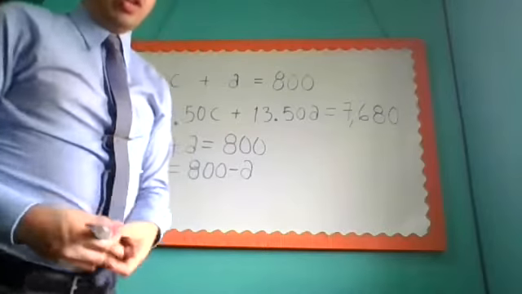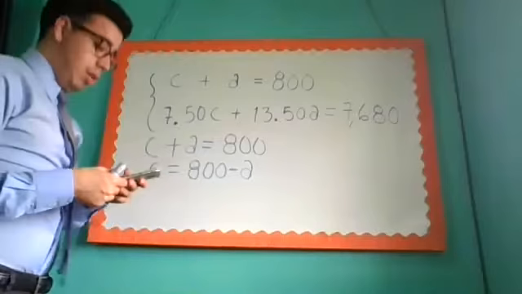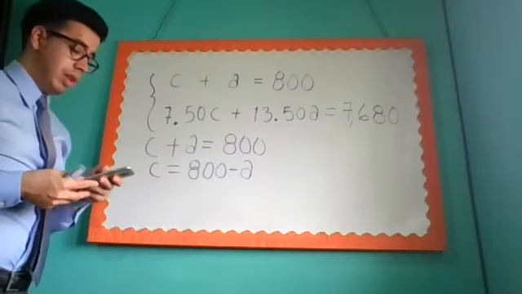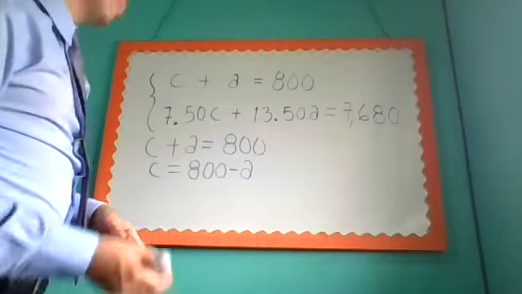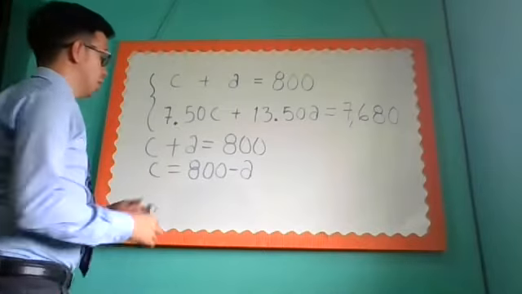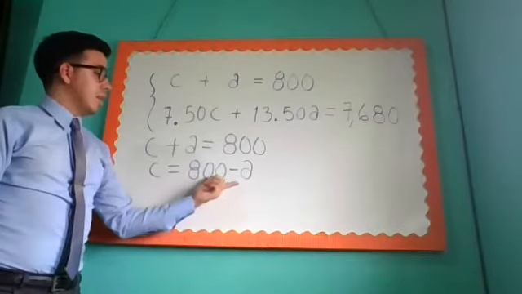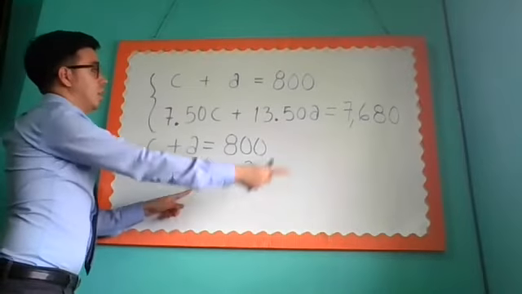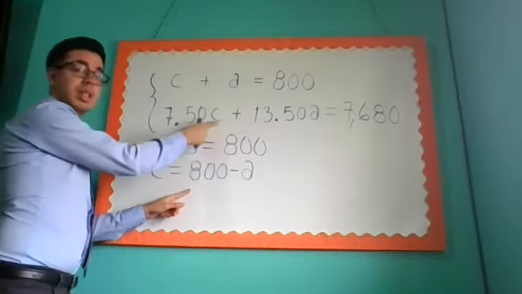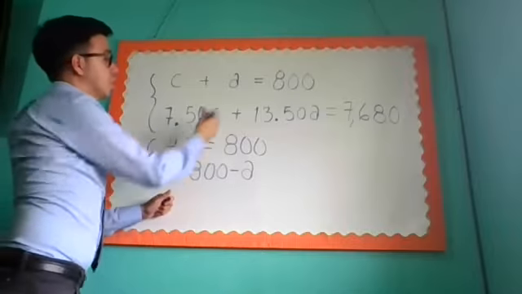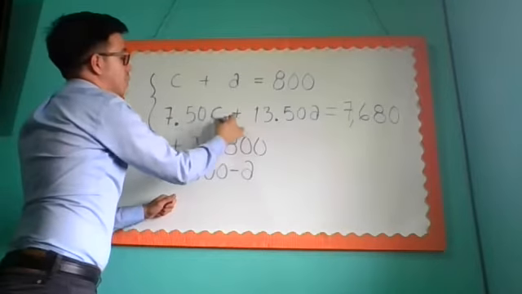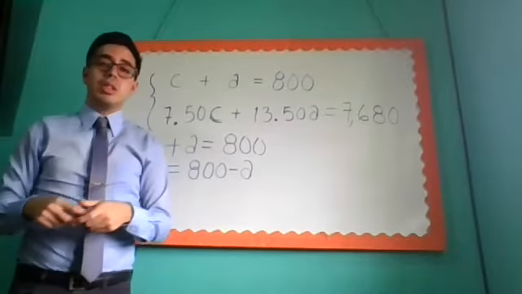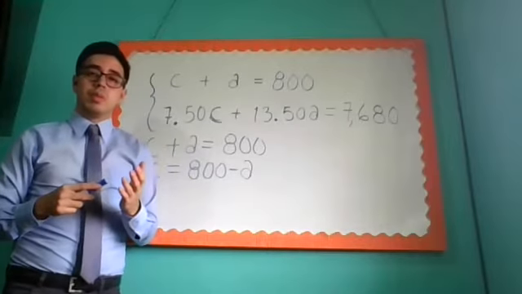Okay, so in the other part, when we find this, we need to substitute in the equation to find the value. So in this part we are going to replace. We obtain that C is equal to this, and I'm going to replace this into the other equation. This is the value for C, so I'm going to change this value, okay? When we are solving systems of equations, guys, the idea is to not work with both variables.